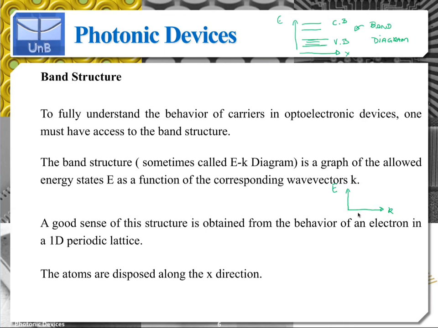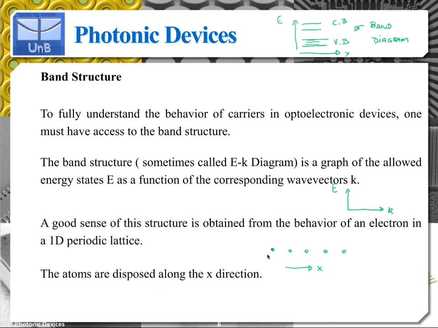To understand the E-k diagram or the band structure, it's usually easier if we start out by talking about the behavior of an electron in a one-dimensional periodic lattice. So let's say that you have atoms periodically arranged along only one direction, like this, let's say x.